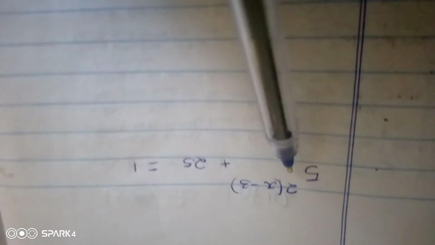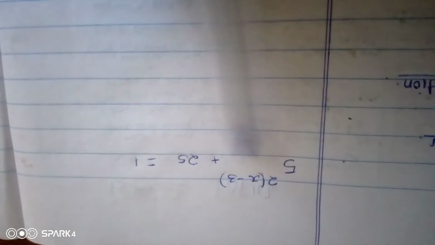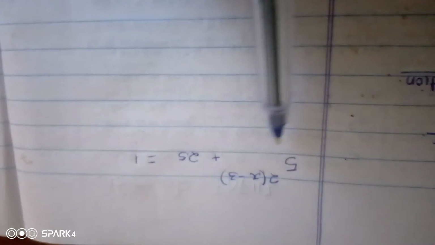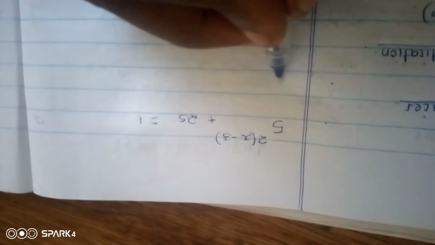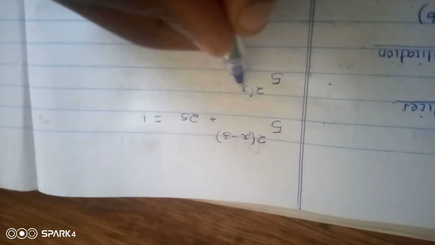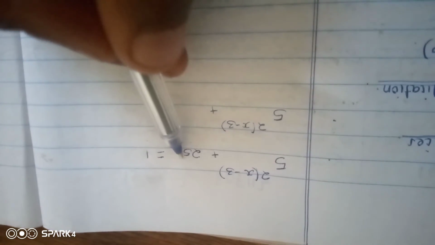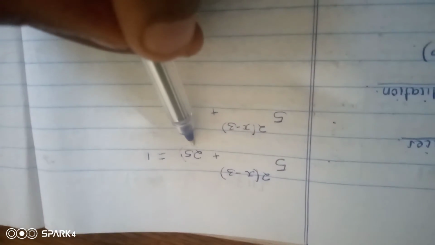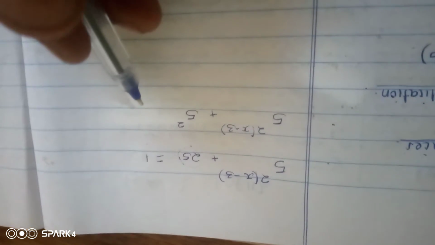When we come across such a sum, guys, it's not that hard for us to tackle. First of all, under the laws of indices, we're going to make all these numbers to be base 5, the same as this one. So we can take this as 5 raised to 2x minus 3 plus this 25. Let's make it become base 5, which is the same as 5 raised to 2. 5 raised to 2 is the same as 25.